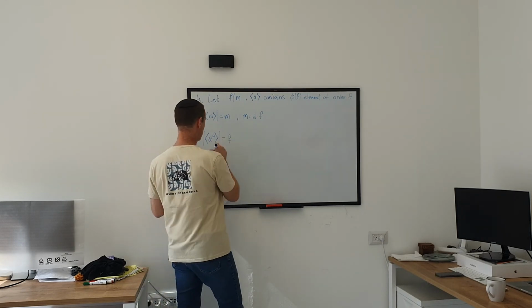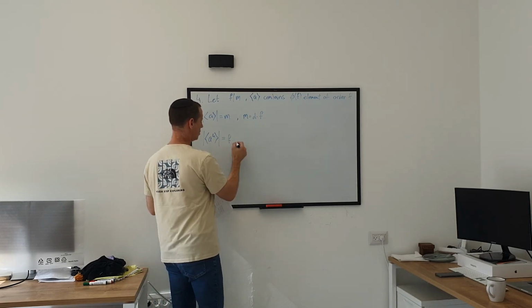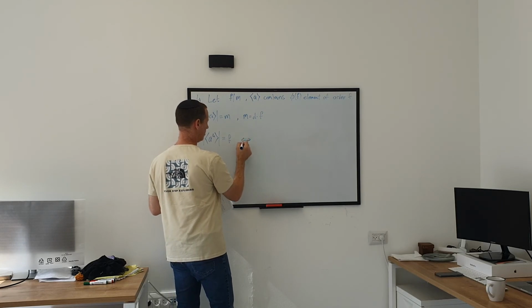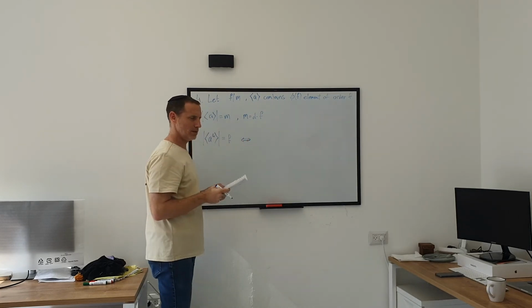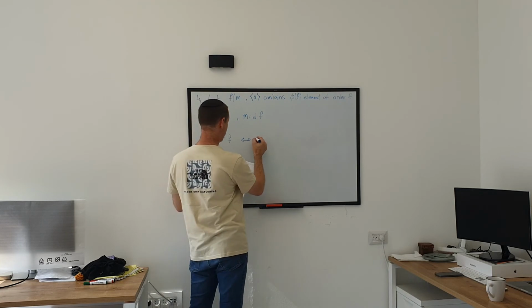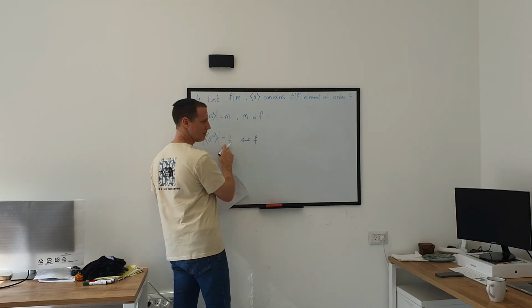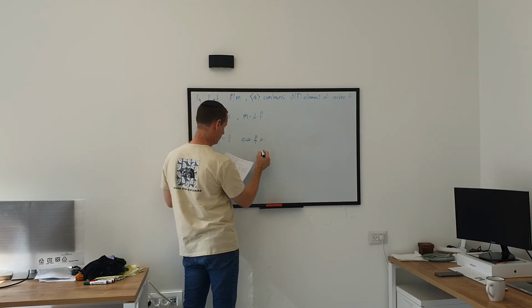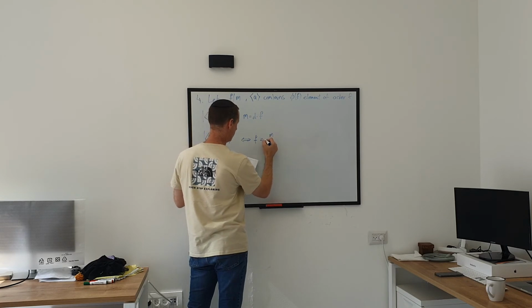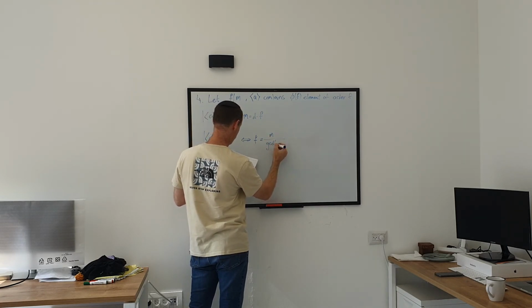I know that if this is true, by a previous theorem that we did, f, the size here, is equal to m divided by the GCD of k and m.